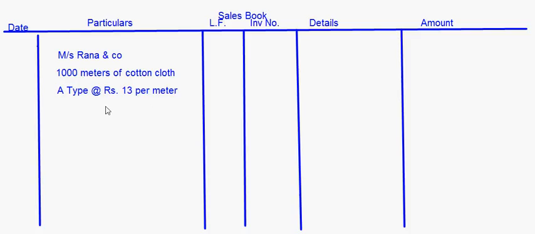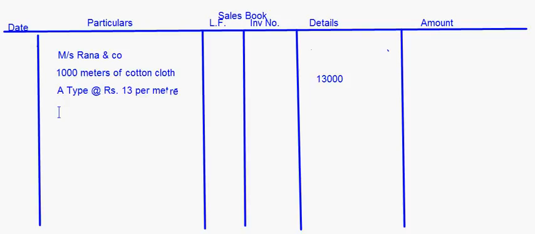And here in the details column you will write 1000 into 13, that is basically 13,000. There's no need to show this, just put it as 13,000 here in the details column.